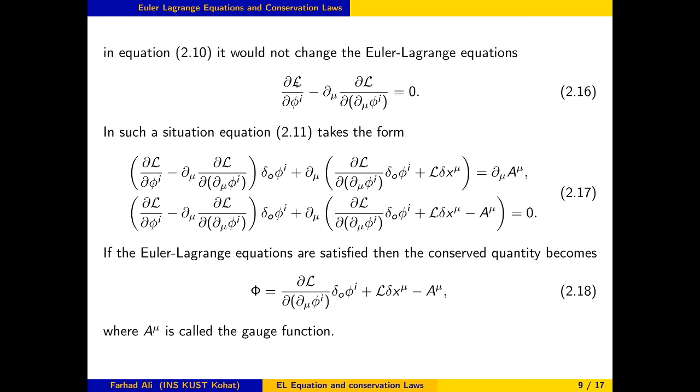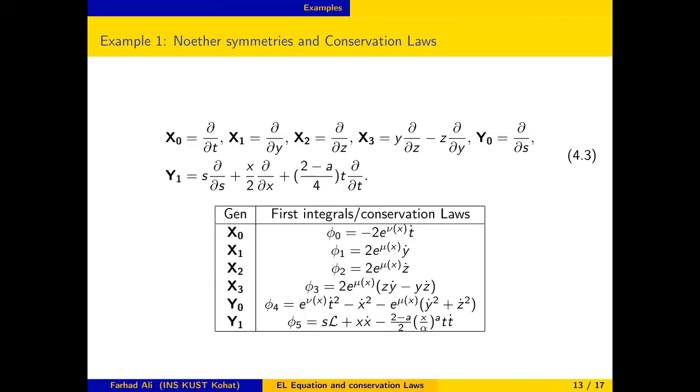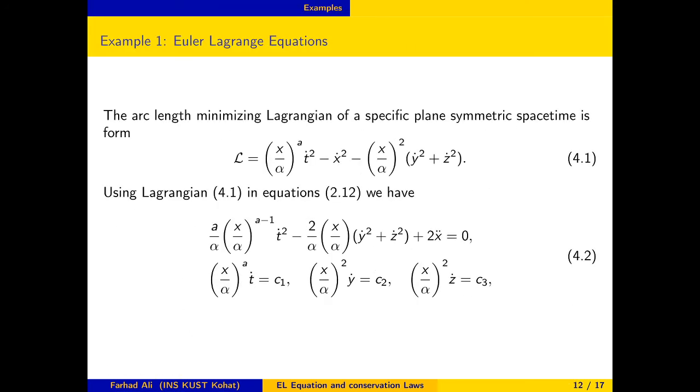Let's say t is the dependent variable, so this is partial L by partial t, and this is d by ds of partial L over partial t dot, equal to 0. For t, the first term is 0, because my Lagrangian is independent of t.